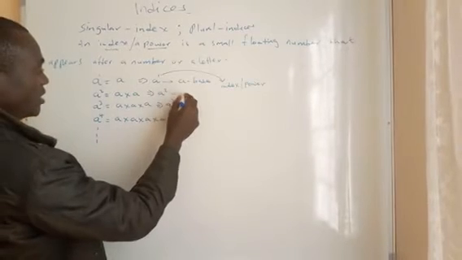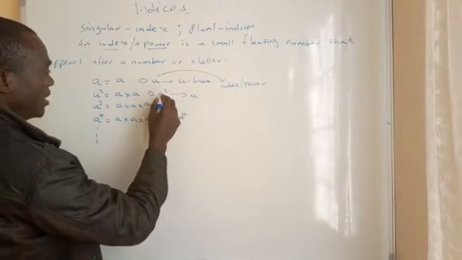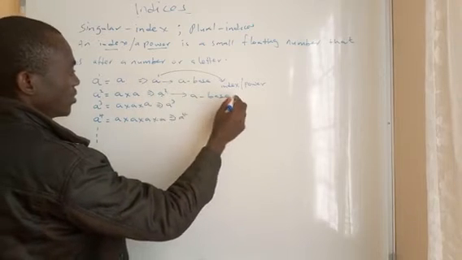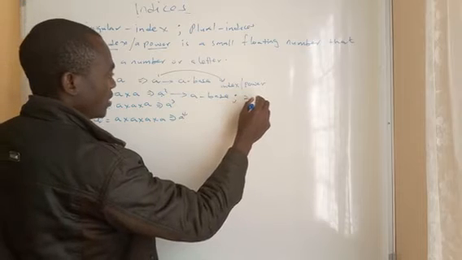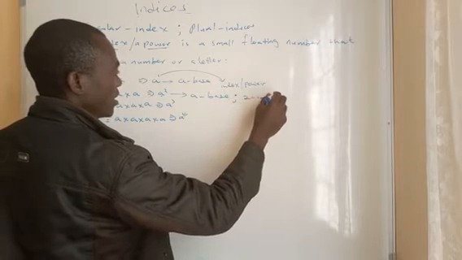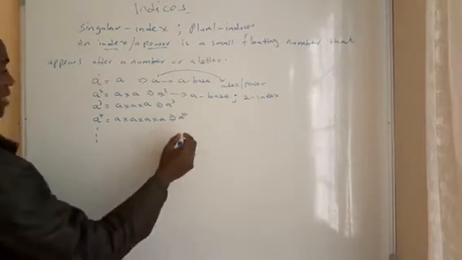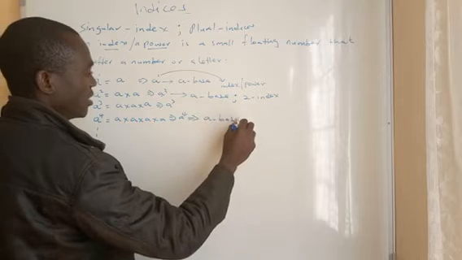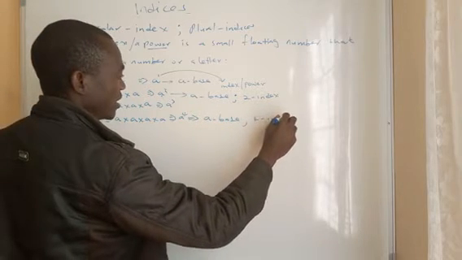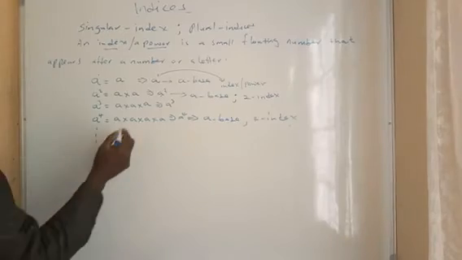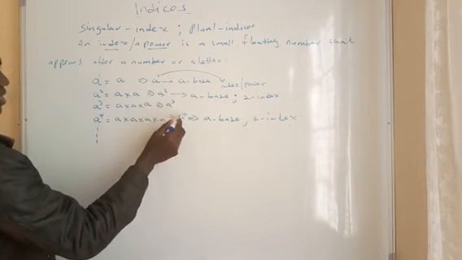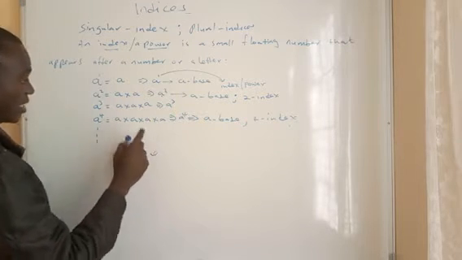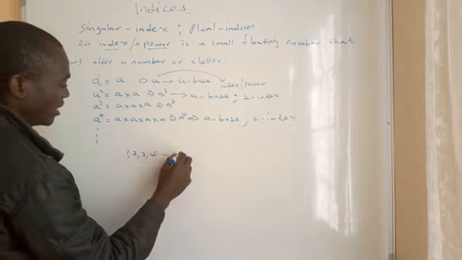In a squared, a is the base and that 2 is the index, or the power. In a power 4, this a is the base and that 4 is the index. So the numbers 1, 2, 3, and 4 that I've used here are called the indices.